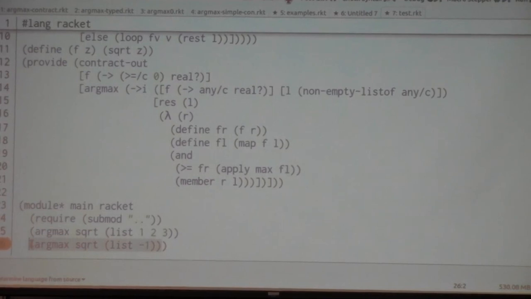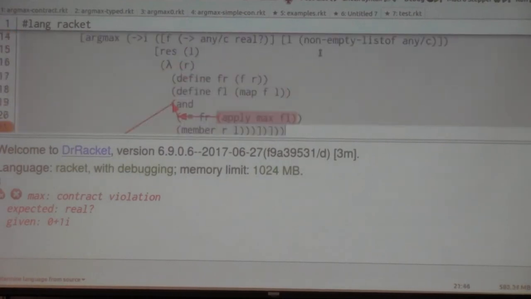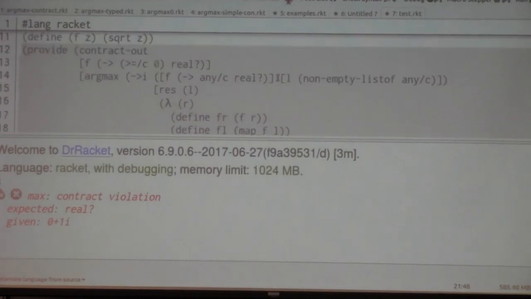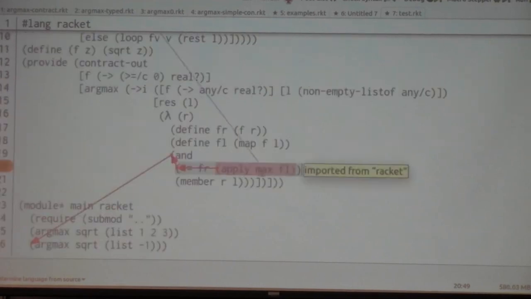But what's going to happen? What's going to happen is we get an error here saying we applied max to the wrong, we got an error. We tried to take the max of an imaginary number. That doesn't even make sense.